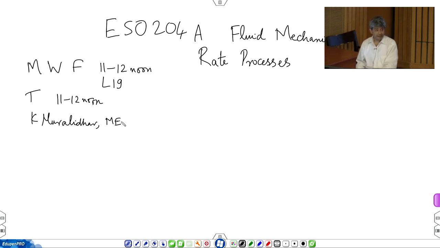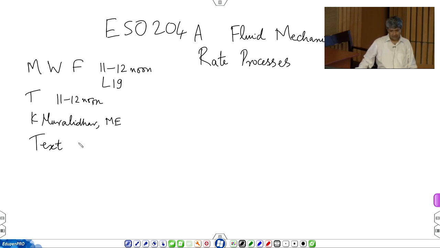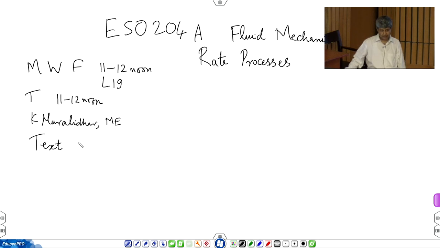So this course has two parts: fluid mechanics, and the second part is rate processes. They look distinct, but they are in a way connected.